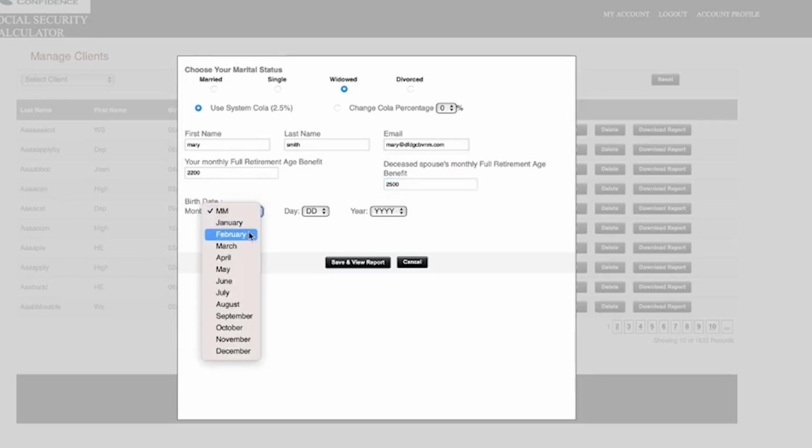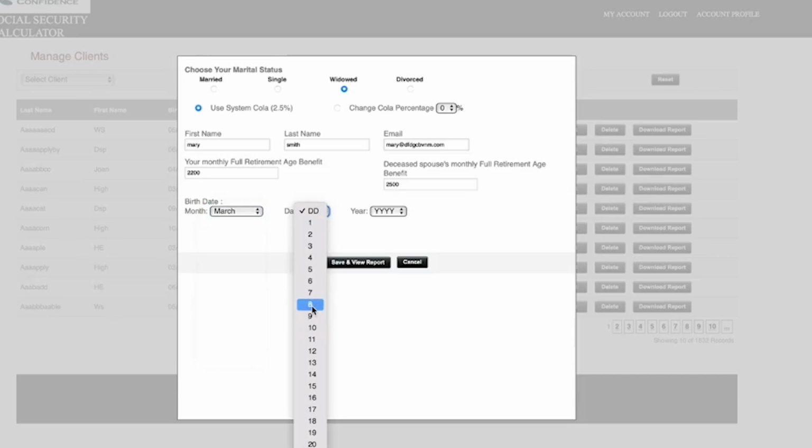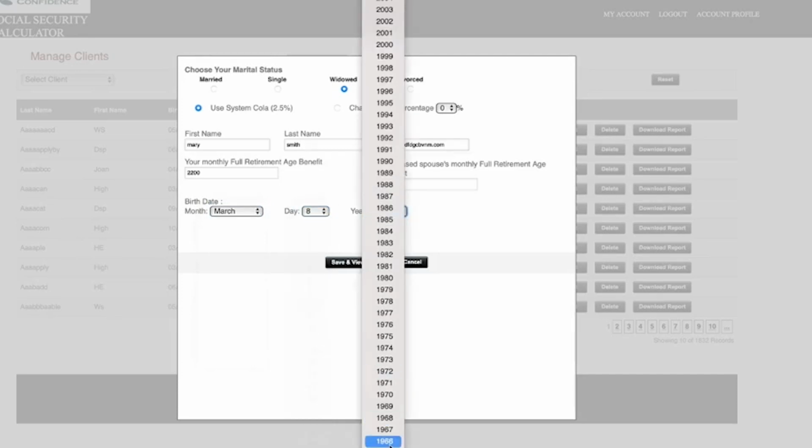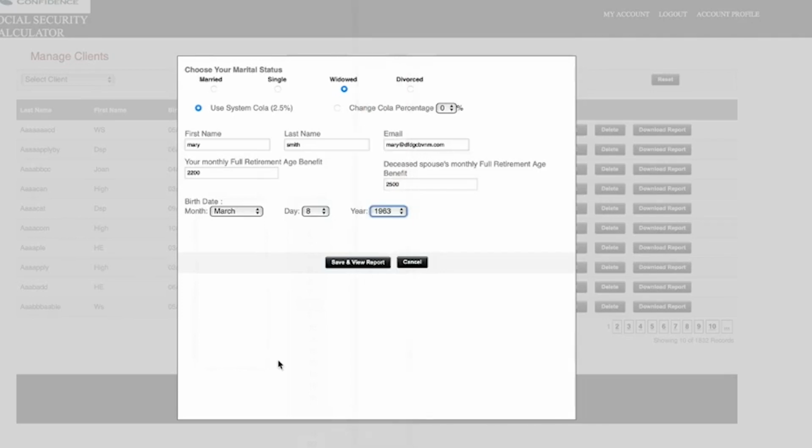Now, Mary has a date of birth, and we need this, of March 8th, 1963. She was born in 1963, so that means she has a full retirement age of age 67.